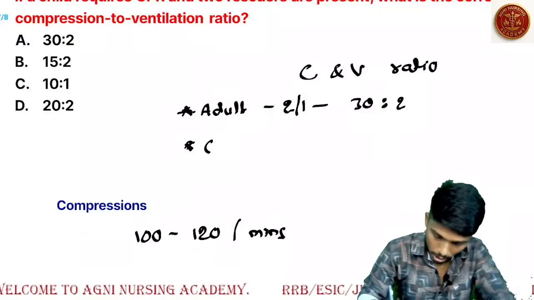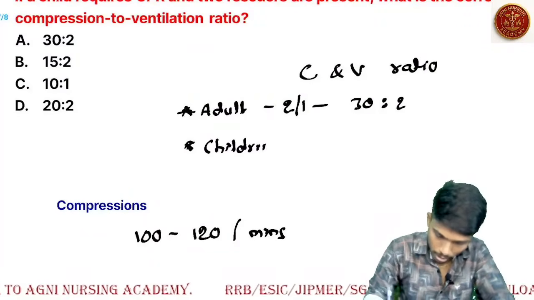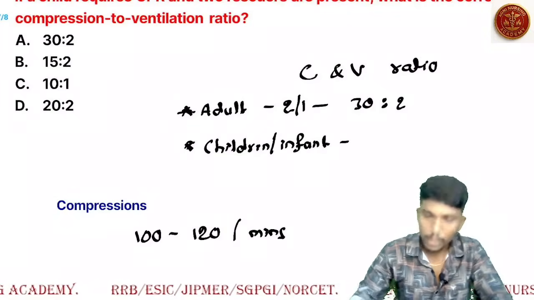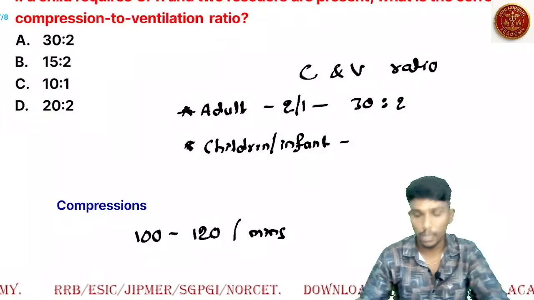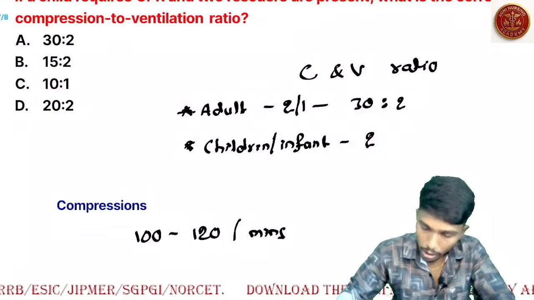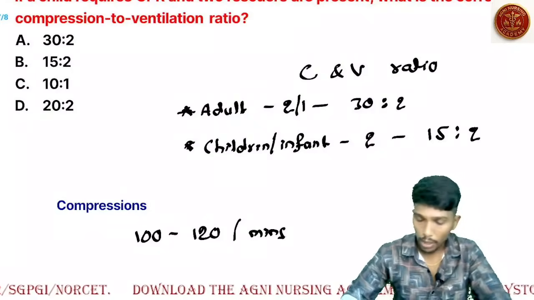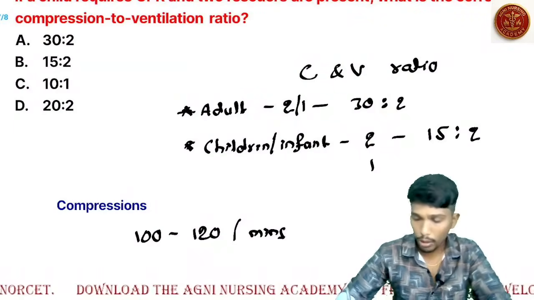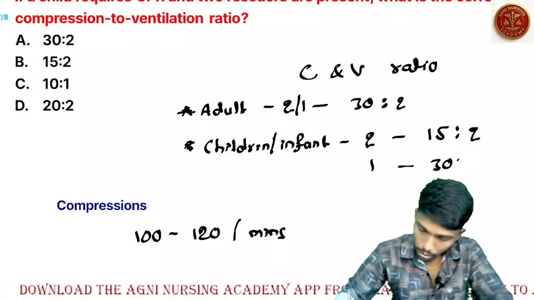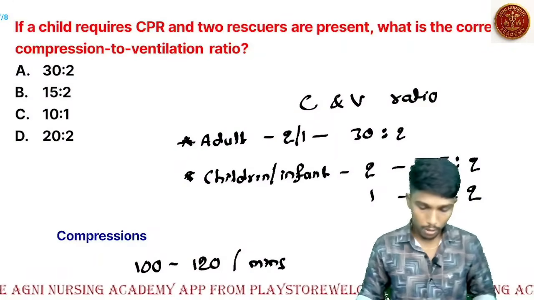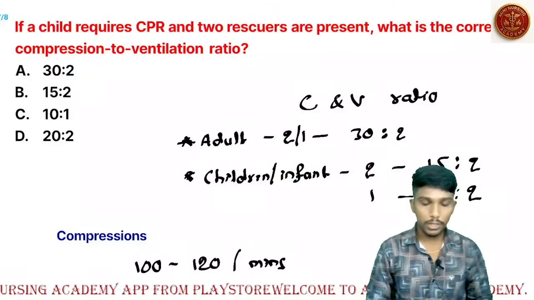Coming to children or infant, here there is a difference between the adult and children. If we have two rescuers, we have to give 15:2, and if we have one rescuer, we have to give 30:2.